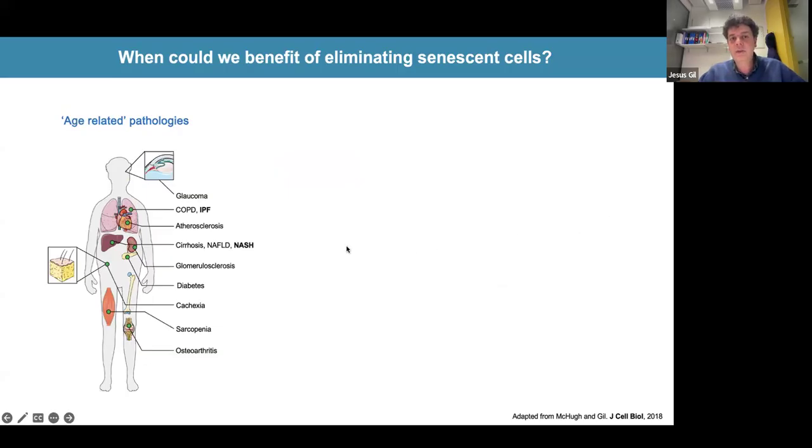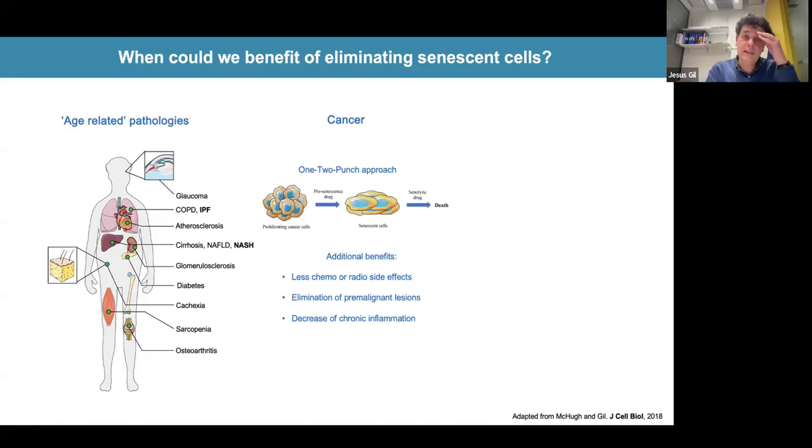You can use that as therapy for many of these age-related pathologies where senescent cells accumulate. You can also use it as an anti-cancer therapy, and it has many benefits. So eliminating senescent cells, potentially even reducing some of the side effects of chemo and radiotherapy that are caused by off-target induction of senescence by some of these therapies.